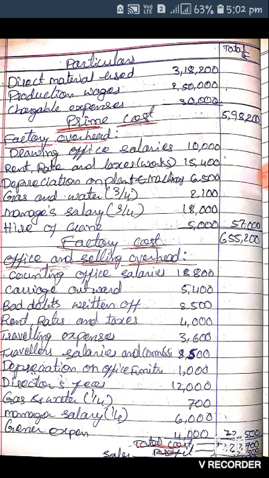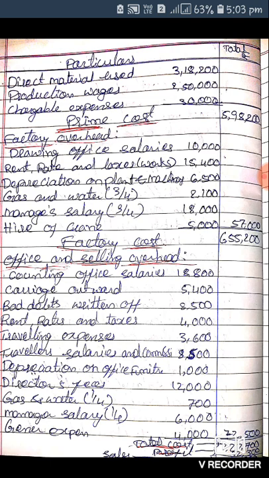Traveler salaries and commission is 8,500, which we are also taking in the selling overhead. Depreciation on office furniture will come under office overhead, that is 1,000 per year.